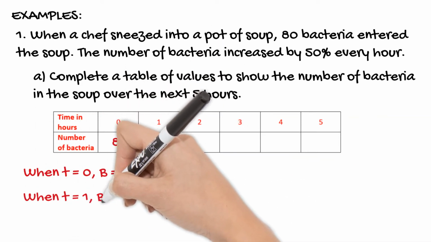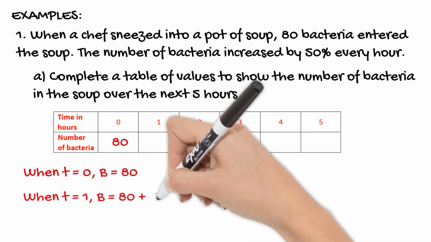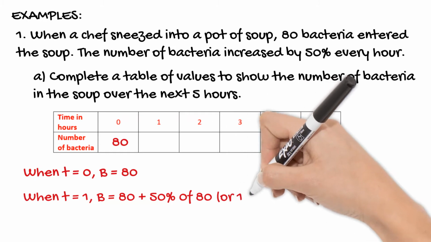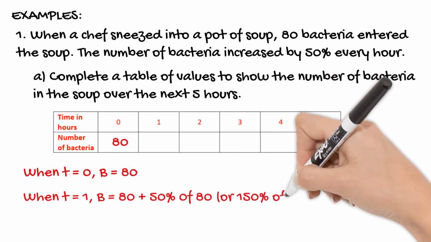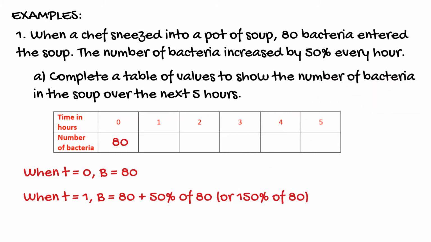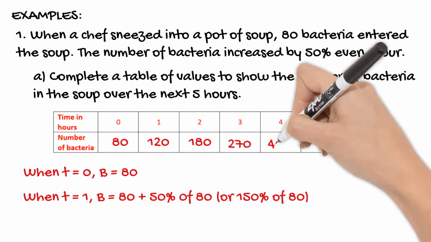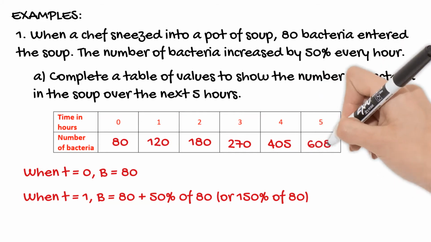Then for each of our T values after that, we need to multiply the previous B, or bacteria number, by 1.5. So at 2 hours, it's going to be 120 multiplied by 1.5, and that gives us 180, and so on and so forth. So we end up with, after 5 hours, 608 bacteria in the soup.